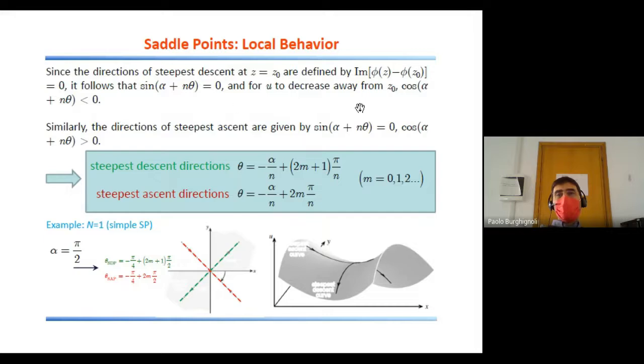And in order to have the cosine less than 0, and therefore having the steepest descent directions, you discover that theta must be given by minus alpha divided by n plus an odd integer multiple of pi over n. Whereas the steepest ascent directions are given by, again, minus alpha over n plus now an even multiple of pi over n.